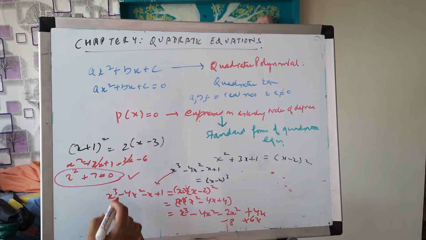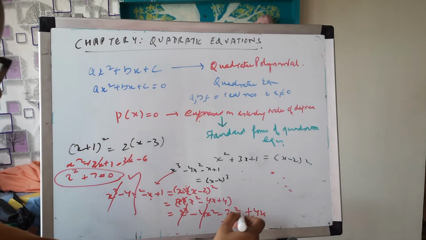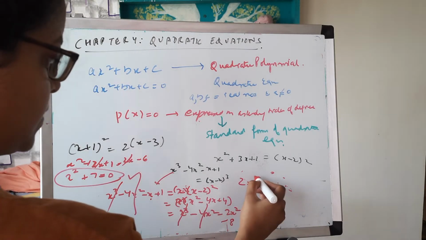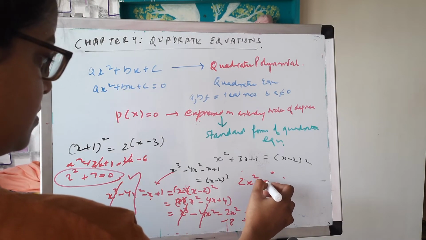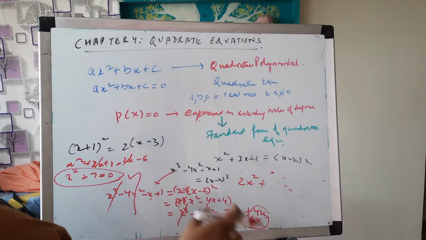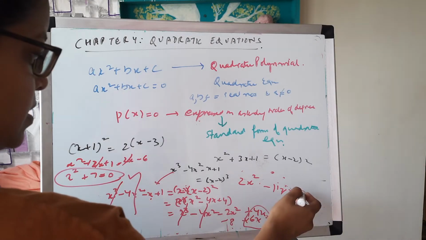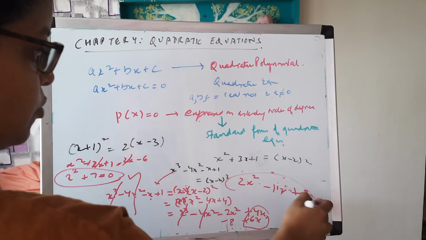Actually here x cube is getting cancelled, 4x square is getting cancelled, but 2x square still remains. So you get everything on one side, and it is 2x square minus 11x plus 9 equal to 0. So it's a quadratic equation.